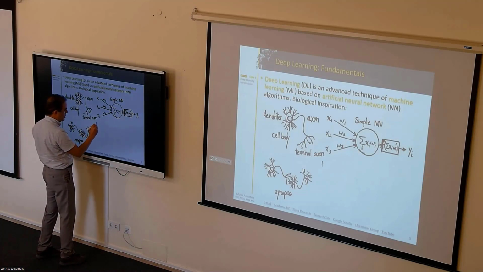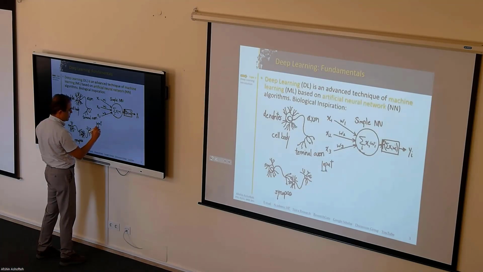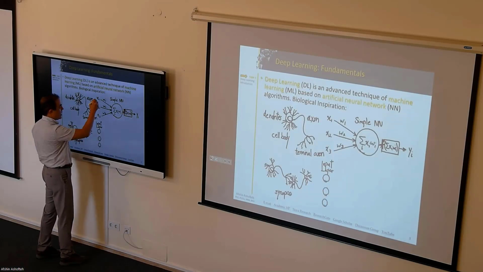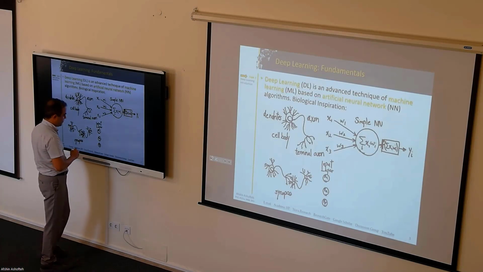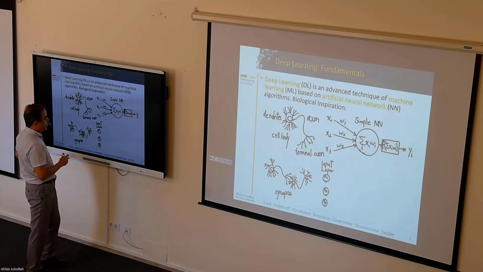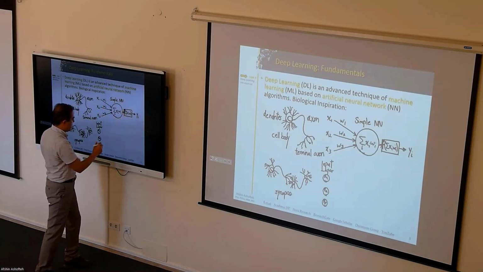We can have the input layer again with some inputs as we had it also here. Let's keep it similar with x1, x2, and x3. Then we can have some layers of calculation, okay?